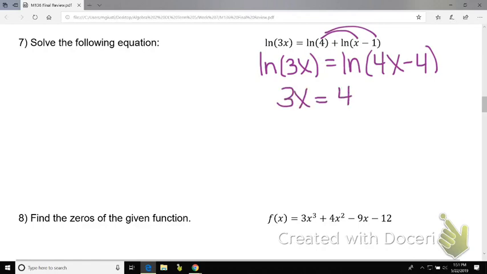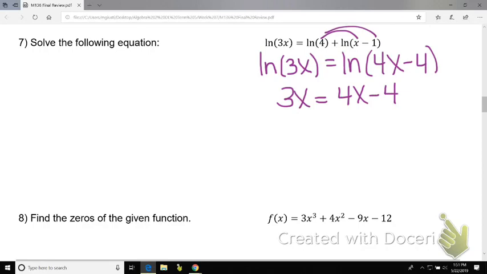There is a little bit of extra work in there that I skipped, and it has to do with a base E. I try not to go too much in depth with that just because throughout Algebra 2, I never even taught natural logs, and I really never talked about base E. If any of you who are dual credit students are really interested in learning more about natural logs, you can Google it.